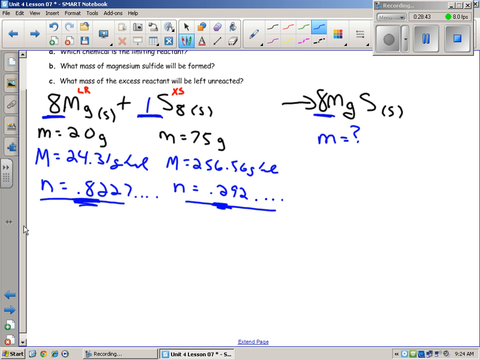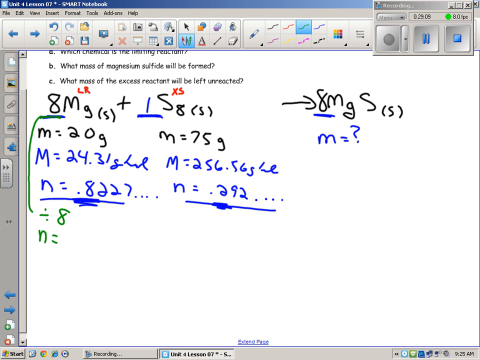Okay? The other way to do this, and like I said, I would encourage it, is this. If you want to get them down so you can compare them, the easiest way to compare these reactants is on a 1-to-1 scale. This is for 8 here, so I'm going to divide my moles by 8, because there's an 8 out in front.